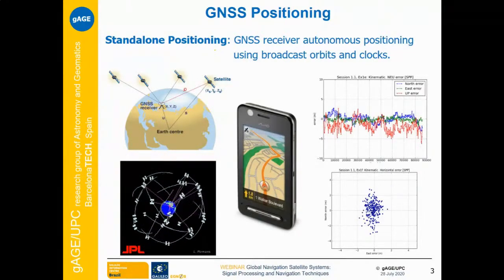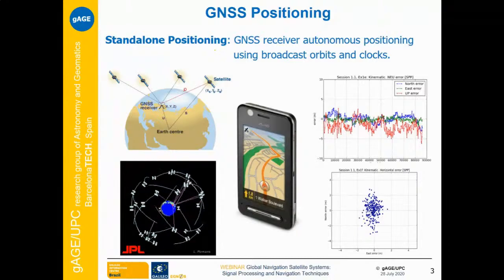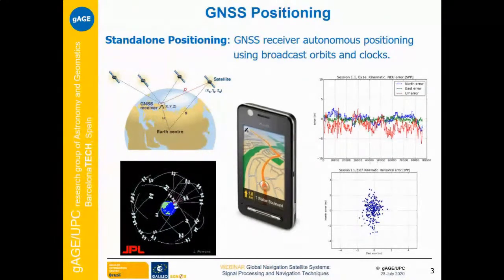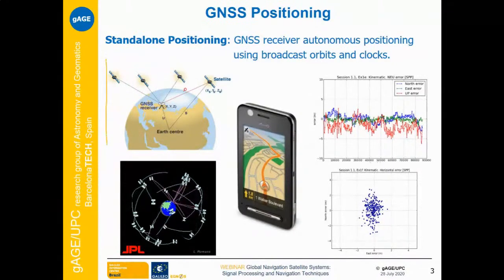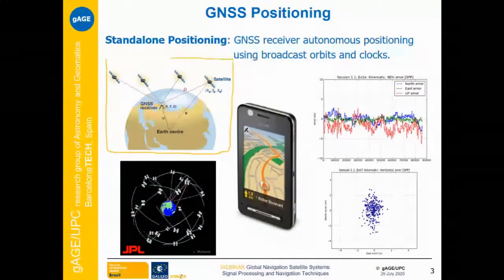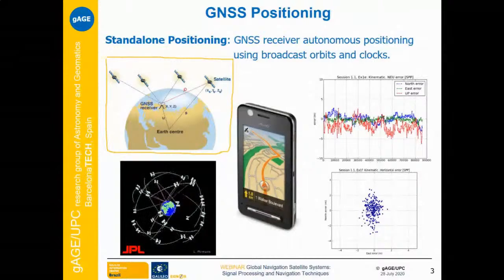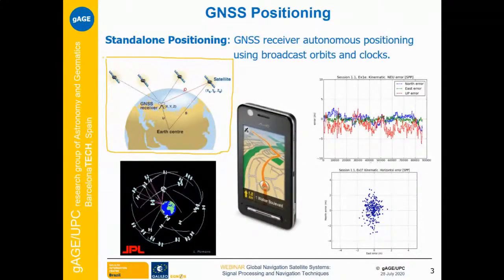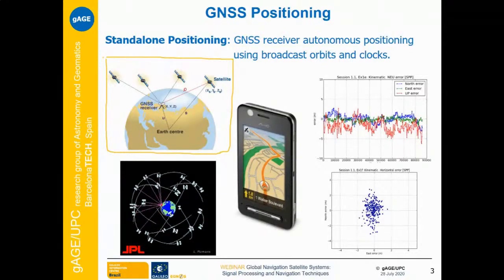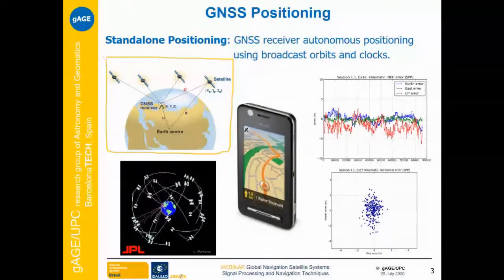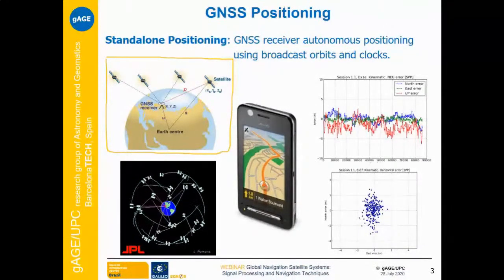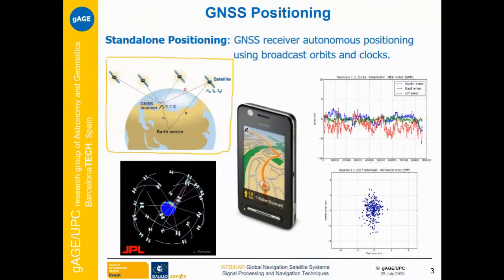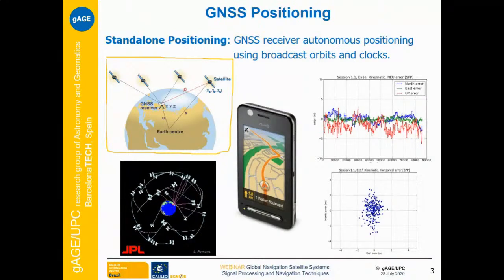So it only uses information that is broadcast by the satellites. Here we have an illustration: 4 satellites broadcasting measurements, orbits, and clocks, and the user receiver is computing the position. This is what we can achieve in any handheld device, like a smartphone, a car navigator, and so on.